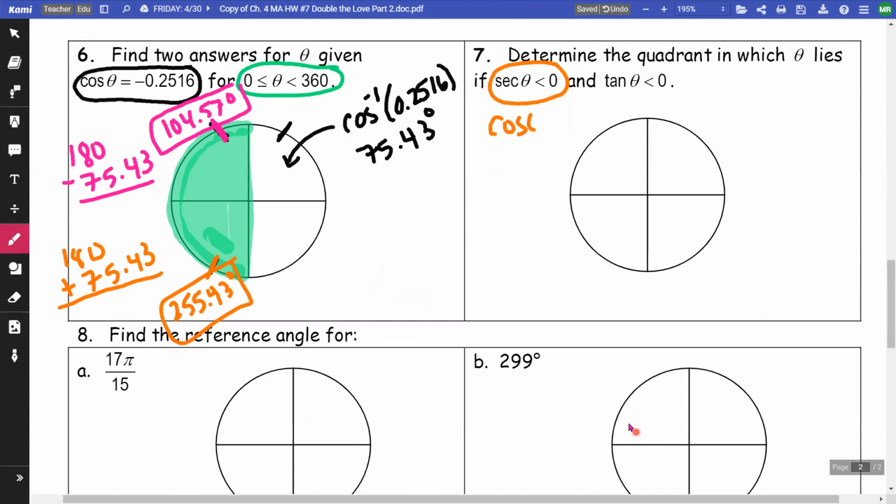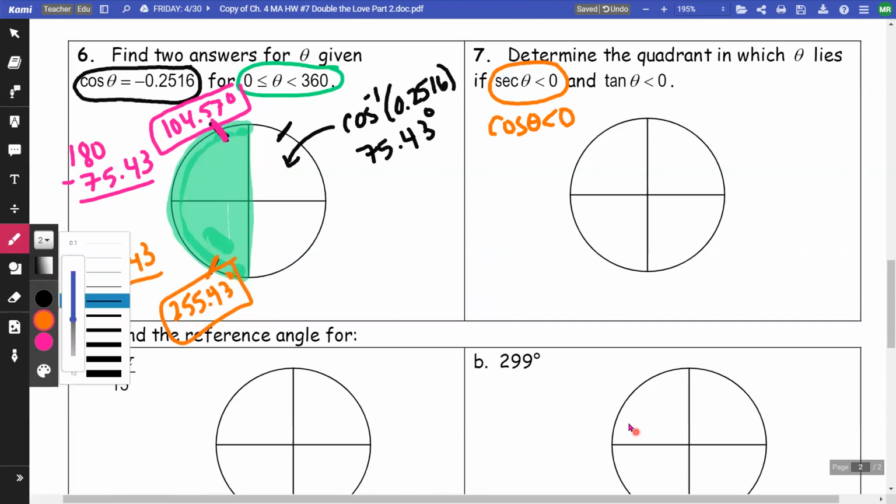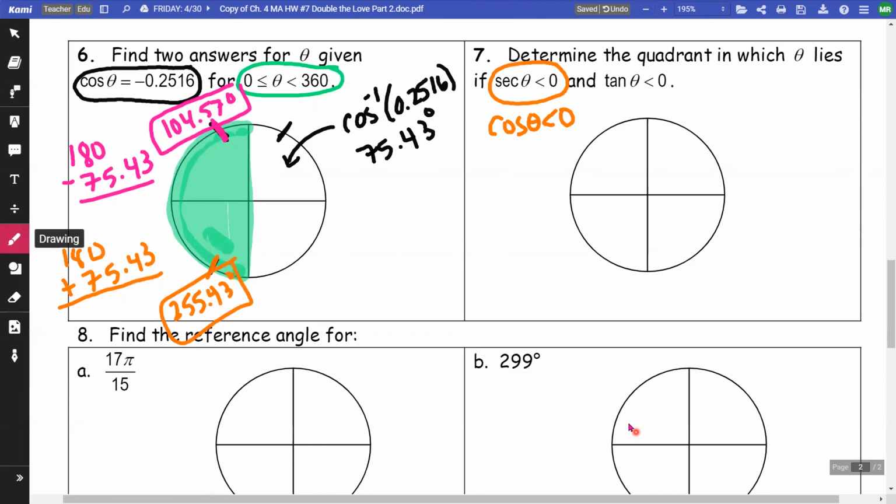So if I want where my secant is negative, I basically want where my cosine is negative. I'll do this in orange. Cosine is negative here and here.